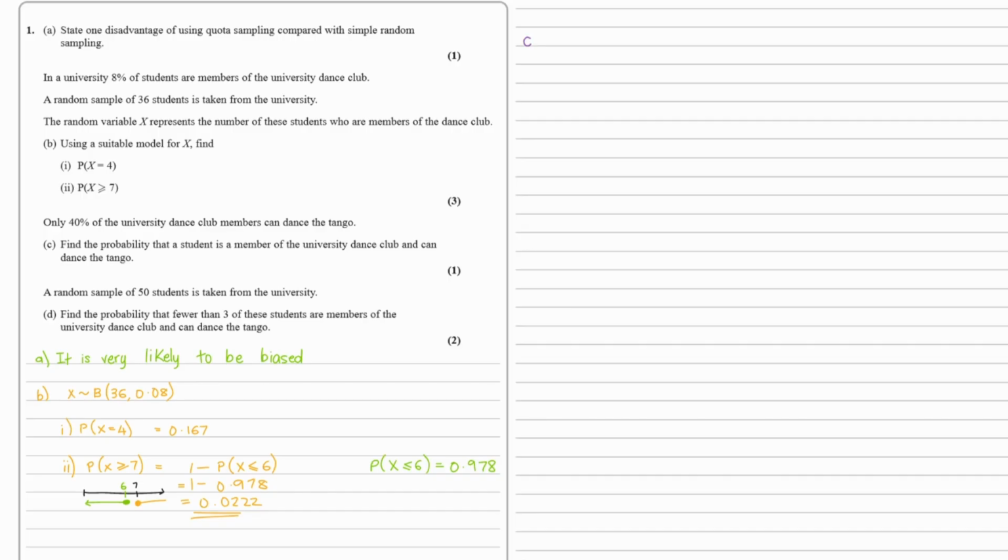So for part C, the probability that the student is in the dance club is 0.08, and the probability that they can dance the tango is 40%, so we are going to multiply both these probabilities, and we can write the 40% as a decimal, and if we work that out on the calculators, this gives us an answer of 4 over 125.